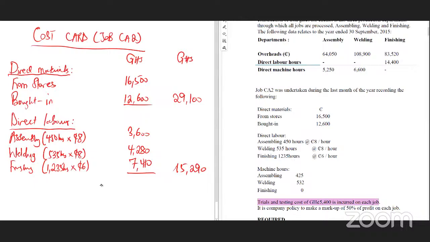Because if I take every job, I can tell how much of this trial and testing cost is inside. So that means we have a direct expense. So under direct expenses, we have trial and testing costs.